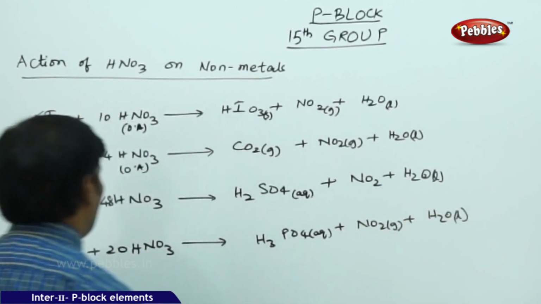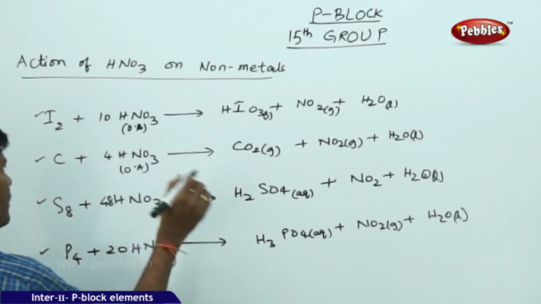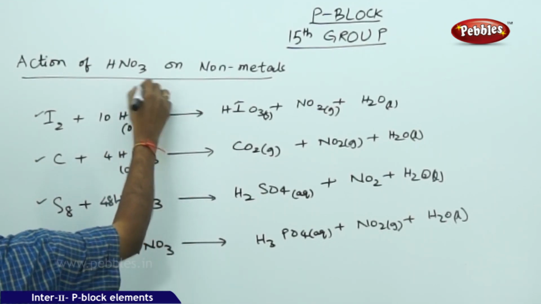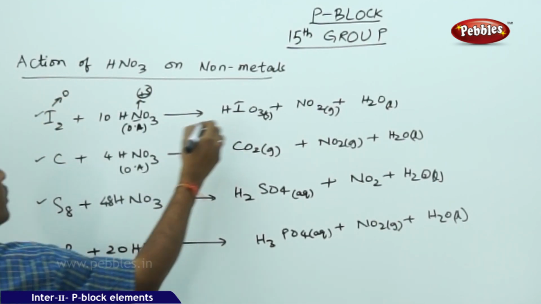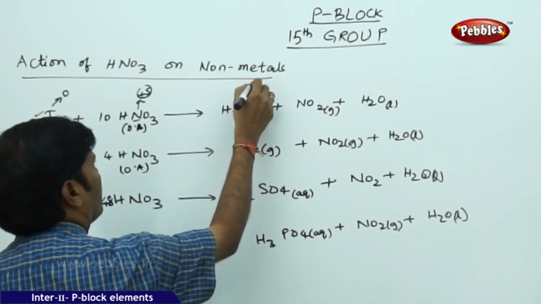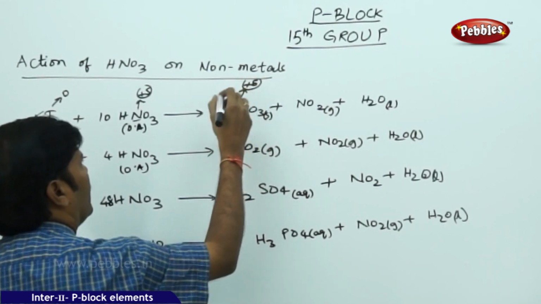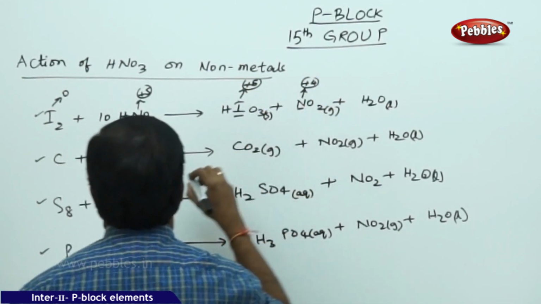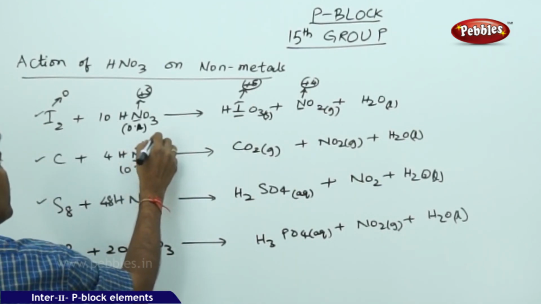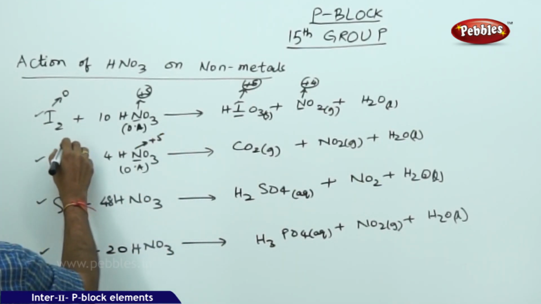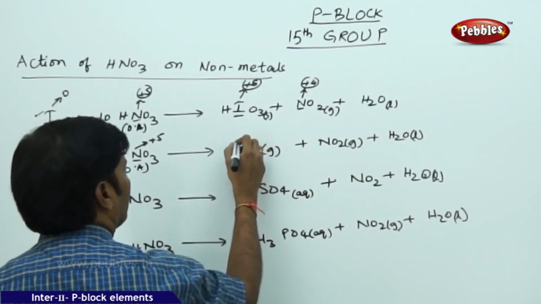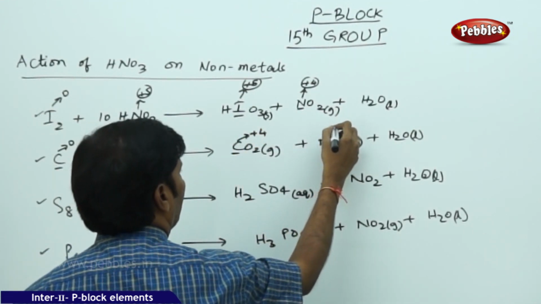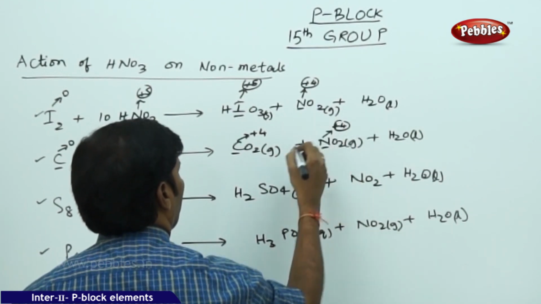So in all the cases, we will balance the equation later. Here nitrogen is in the +5 oxidation state and iodine is 0. In iodic acid, iodine is +5, and nitrogen has to get reduced, so it is +4. Here also nitric acid has +5 nitrogen, carbon is 0, and carbon becomes +4, while in nitrogen dioxide nitrogen is +4.